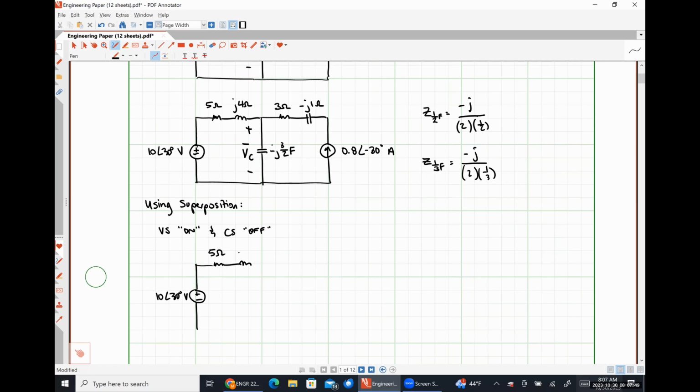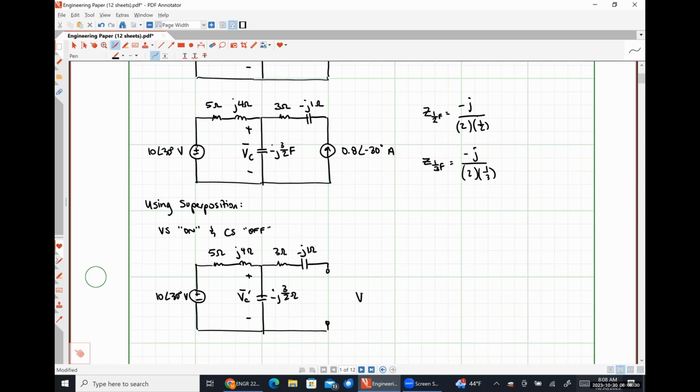Five ohms, J4 ohms, minus J 3/2 of an ohm, over which I'm going to have my voltage VC prime. Three ohms, minus J1 ohms. Like so. I'm going to solve for the voltage VC prime using voltage division.